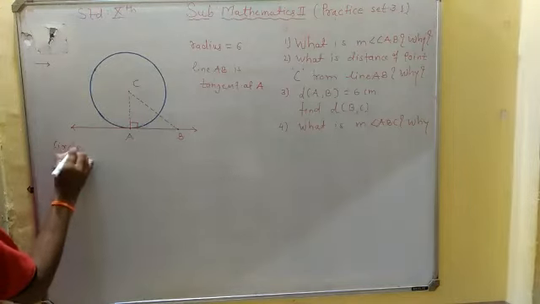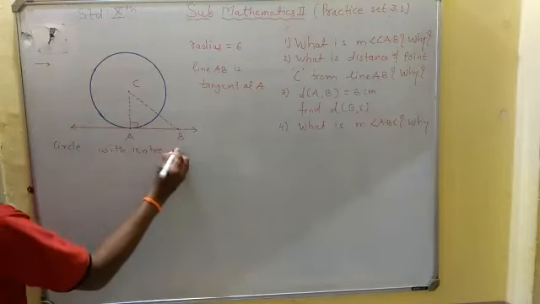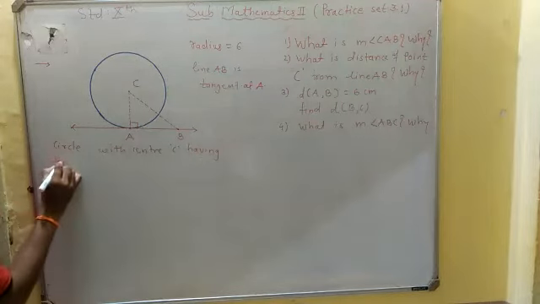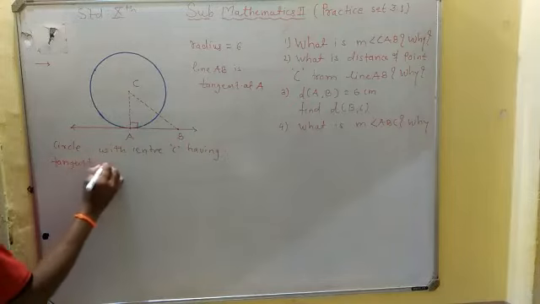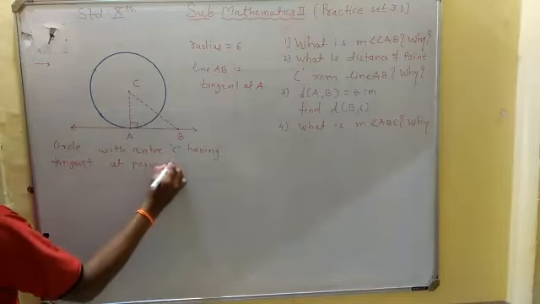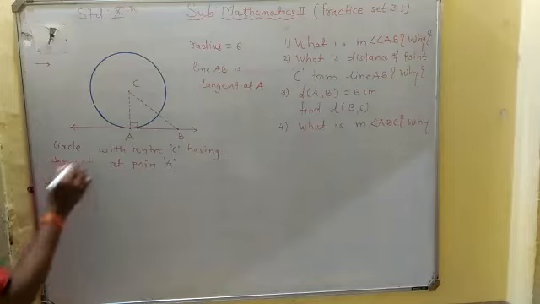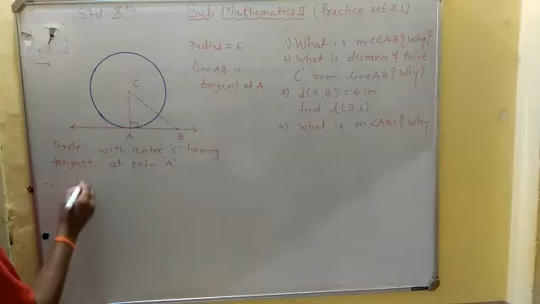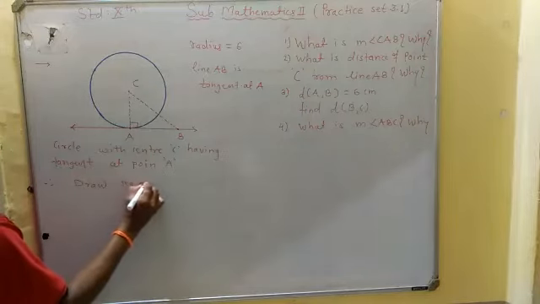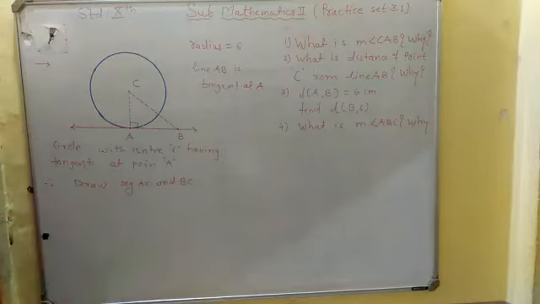Circle with center C having a tangent at point A. Therefore, we do the construction here. Draw segment CA and CB.